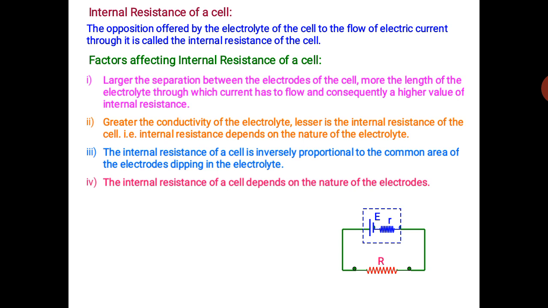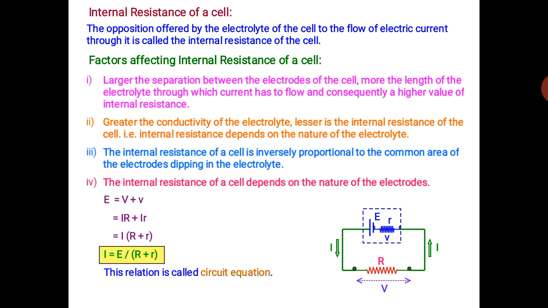And the resistance given here is the external resistance. If the cell is not connected to the external resistance, and if you are measuring the potential difference across the cell, then it is EMF, and when it is connected, at that time it is terminal potential. So here V is the terminal potential and E is the EMF.